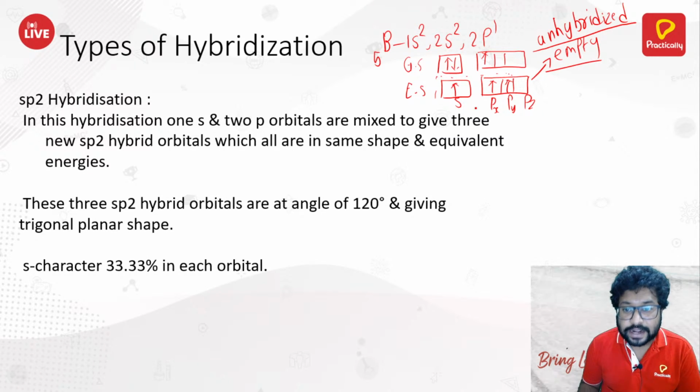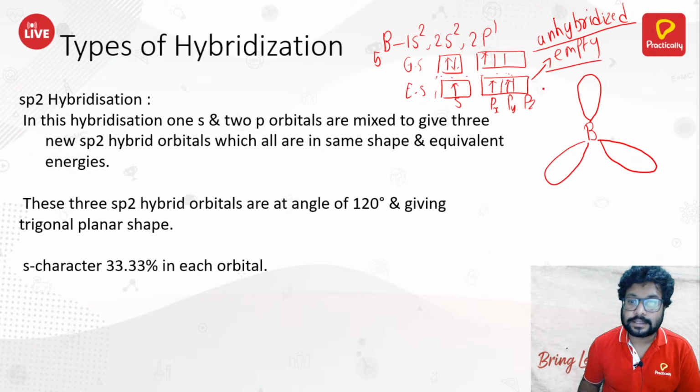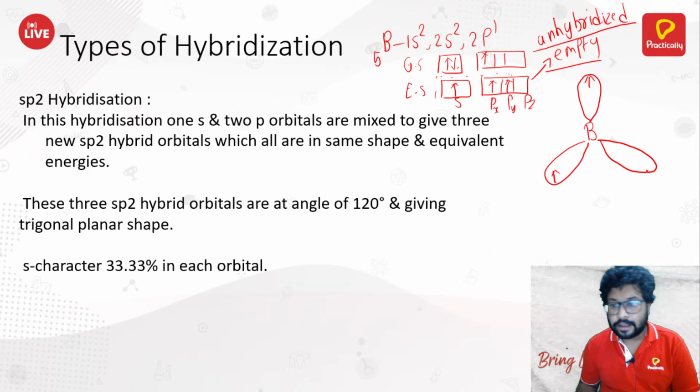Now this s and p combine to produce three sp2 hybrid orbitals like this, where each has a single electron. Here, here, and here.